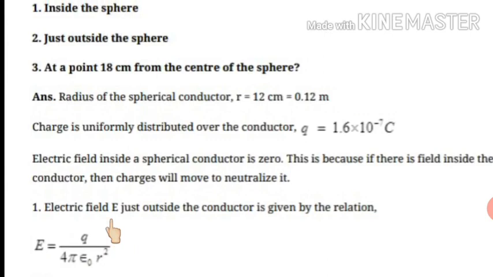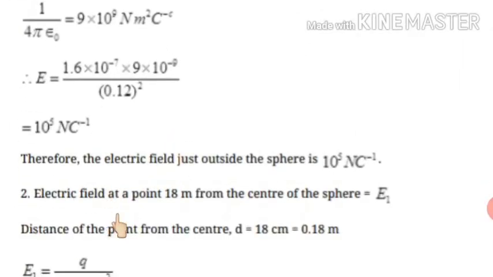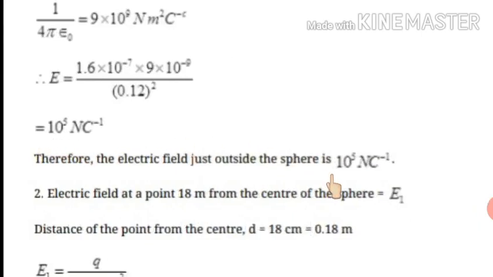So when we substitute the values, we can easily find the value of the electric field just outside the sphere. So I think this is clear. When we solve it, finally we have 10 to the power 5 Newton per coulomb. So the electric field just outside the sphere is 10 to the power 5 Newton per coulomb.